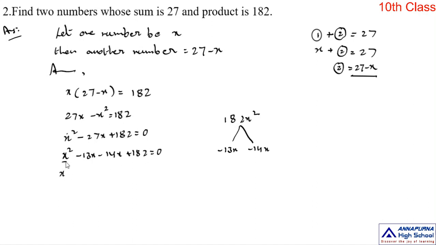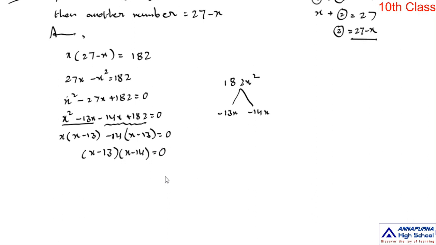From the first two terms, x is a common factor, so take it out: x into x minus 13. In the next two terms, minus 14 is the common factor, so minus 14 into x minus 13 is equal to 0. That means x minus 13 into x minus 14 is equal to 0.